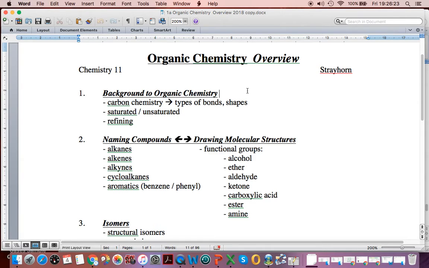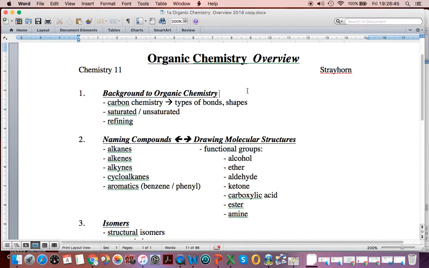When we think about organic chemistry, historically, chemistry was divided into organic and inorganic. Organic coming from the word organism. It was thought that organic or living things had a special life force in their chemicals. And that made them different from things that weren't alive, that were chemical.